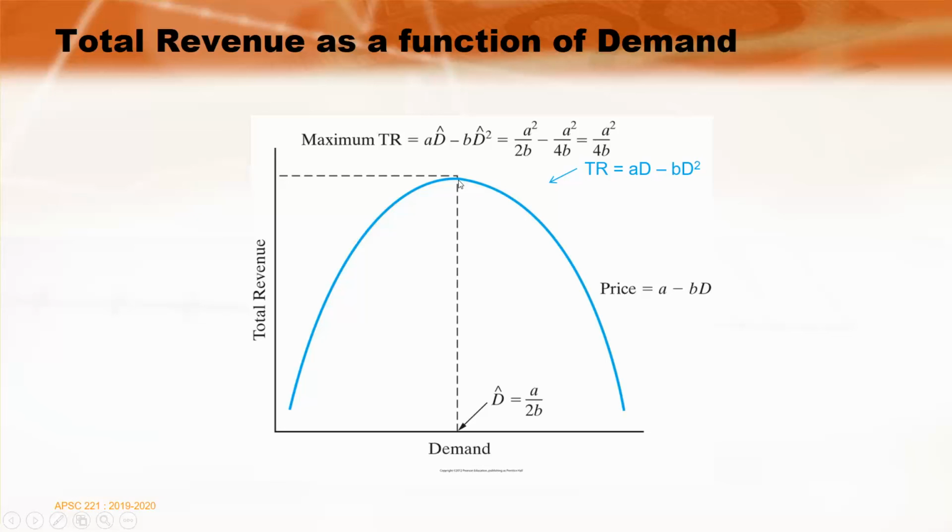And after that, as demand increases, typically the reason that the revenue comes down is because you have competitors entering the market. When they see that demand is high, you get competition, which means you're forced, again, part of that price-demand relationship, into reducing your price in order to remain competitive.